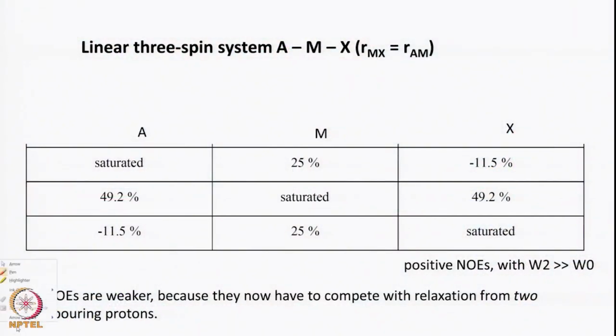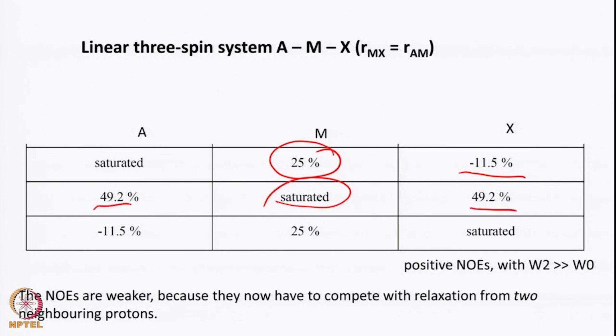So for such cases one can do a calculation and show that M will get 25% enhancement and X will get a negative enhancement of 11.5%. Similarly, if we saturate M, now M is sitting in the center, with A and X located on either side. So for both of these we will get approximately 50% enhancement.